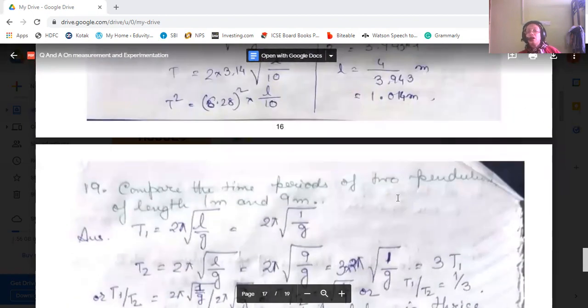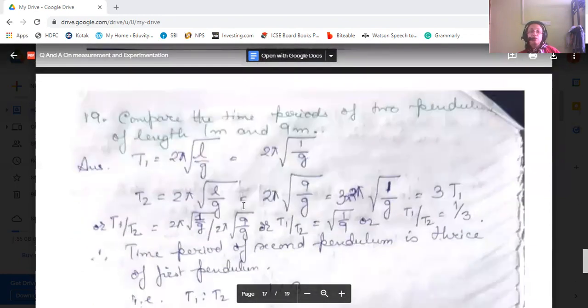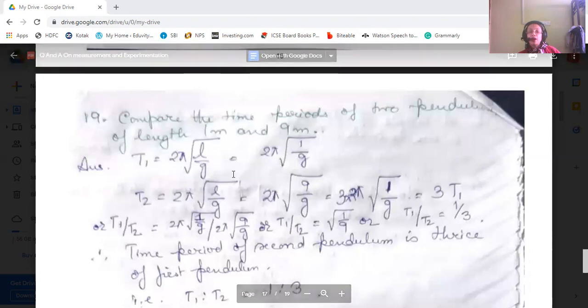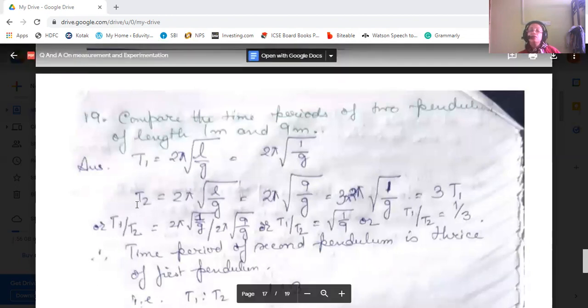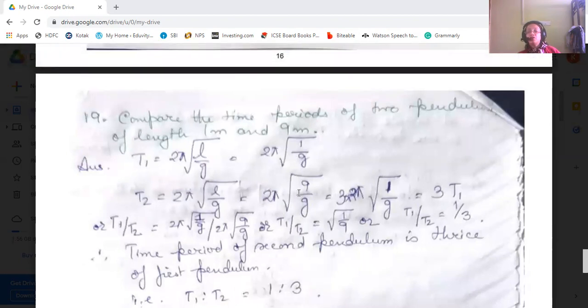Now compare the time periods of two pendulums of lengths 1 meter and 9 meters. T1 is 2 pi root over L by g, that is 2 pi root over 1 by g, as 1 meter is the length. T2 will be 2 pi root over L by g, that is 2 pi root over 9 by g.